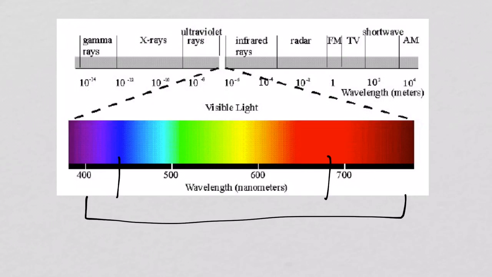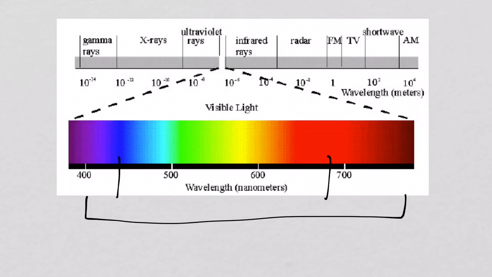And all these different wavelengths that we see here have very different energies. In fact, the energy of light or any kind of electromagnetic radiation depends on the wavelength. The shorter the wavelength, the higher the energy.